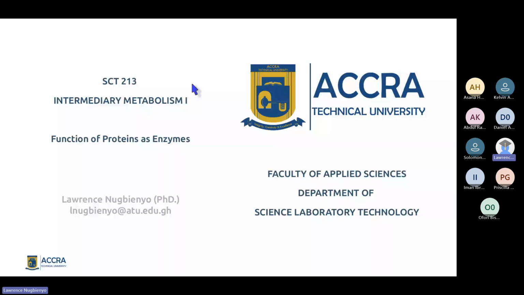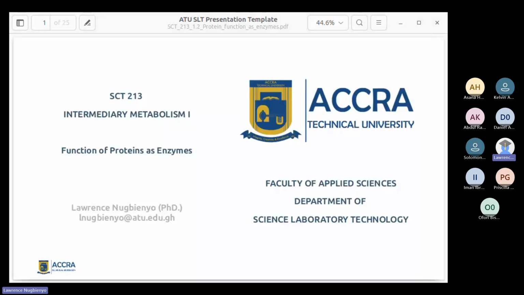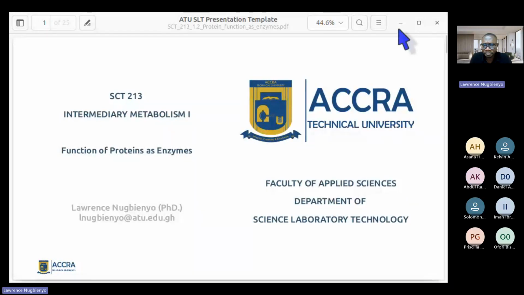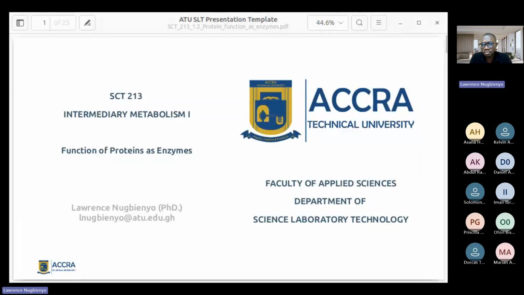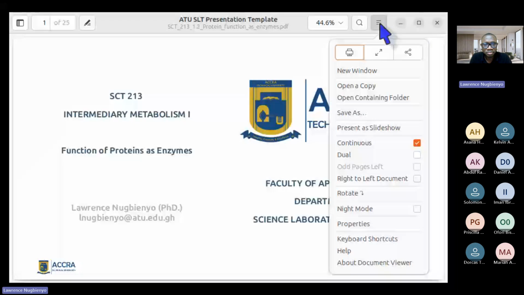In our last lecture, we finished with the structure of proteins, particularly looking at the basic units of proteins, amino acids, and we looked at some other properties of amino acids, classifying them depending on their side chains.